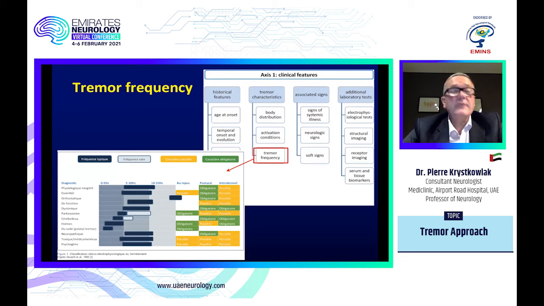And for myorhythmia, we're going to talk about myorhythmia, it's a very, very slow tremor, roughly 1 or 2 hertz. And also palatal tremor is very slow as well. But most tremors are between 4 and 10 hertz. And honestly, the frequency is not very helpful to find, first of all, the clinical syndrome and then the etiology.